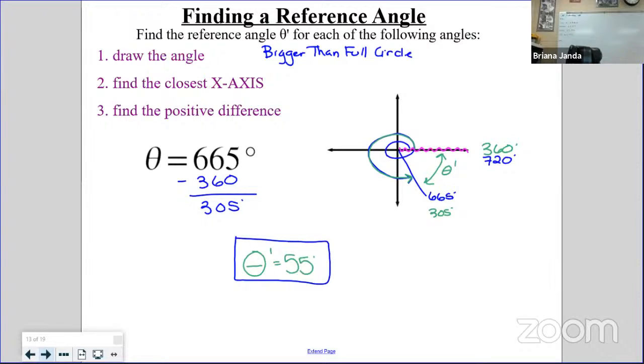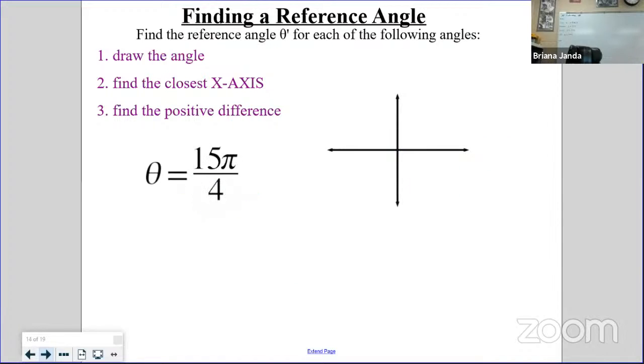Okay, so there is your example of what we do if my angle is bigger than a full circle. What do I do if my angle is bigger than a full circle in radians?